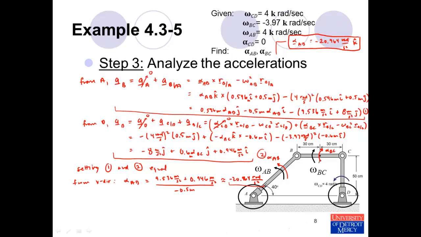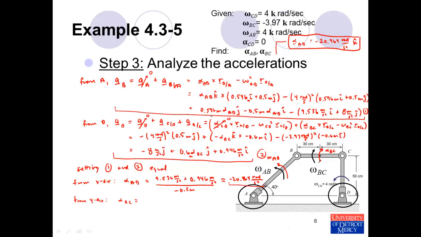The way we find the second angular acceleration is from the y direction. And so again, we have our two equations set equal to each other. We have j terms here and here. And then on the other side, we have a j term and a j term. And so again, going pretty quick through the math, this minus 8 is going to cancel with that minus 8.